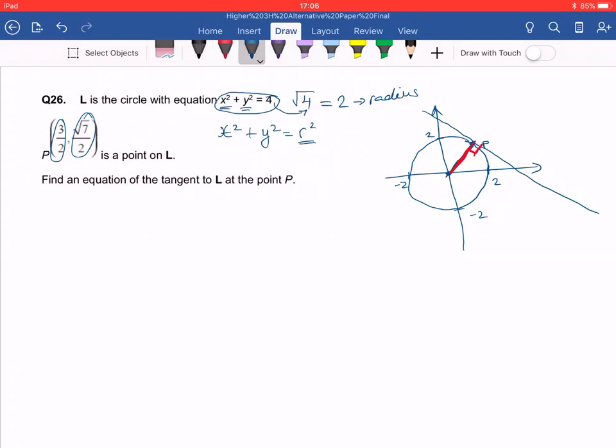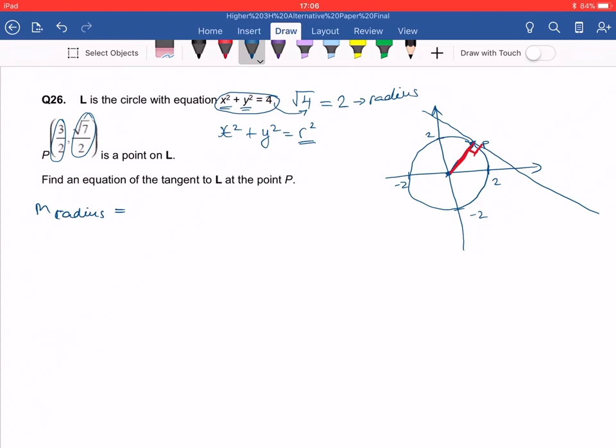So if I can work out the gradient of the radius, let me write that down: M stands for gradient of the radius. I can work out the negative reciprocal of that to work out the gradient of the tangent.